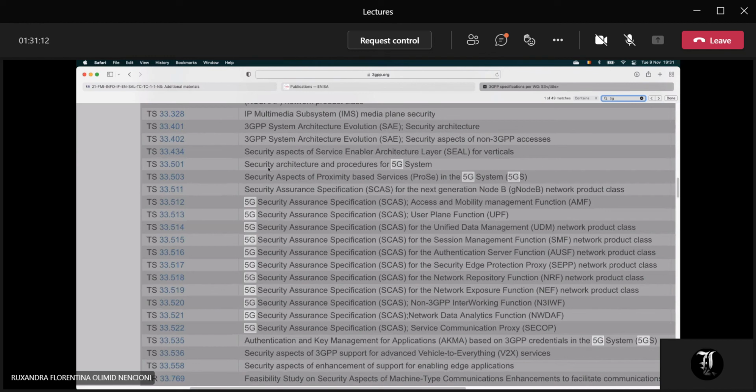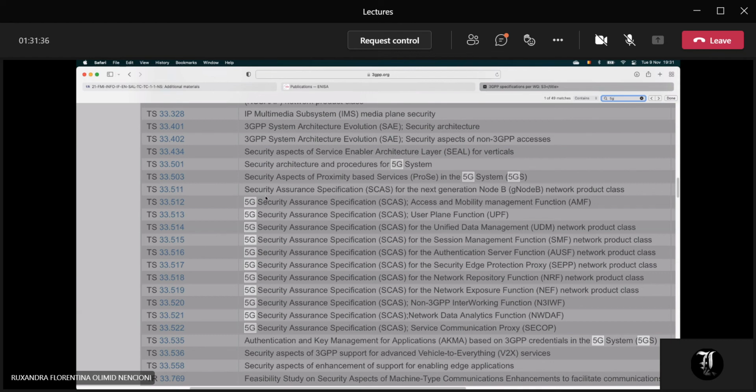Okay, so security architecture if I want to check, the user plane if I want to check. This might be more difficult to read because, how can I say, you will see it's very specific and they are not so easy.